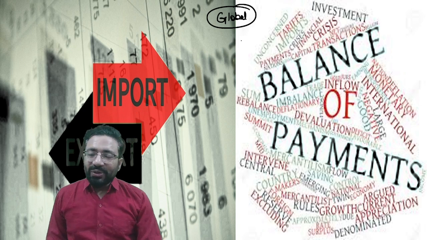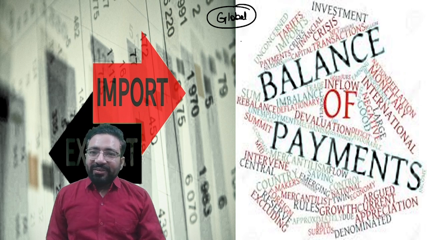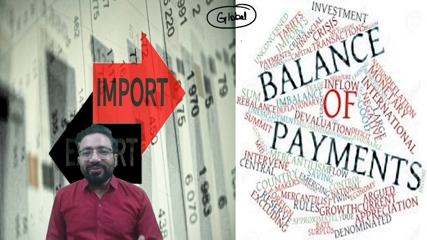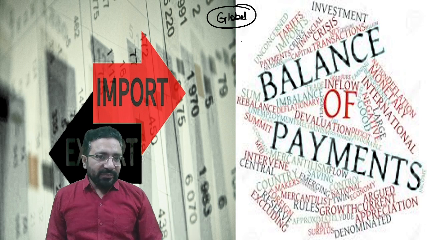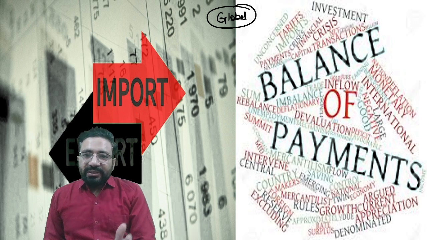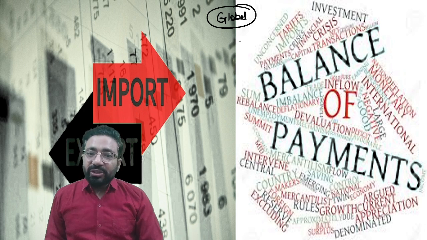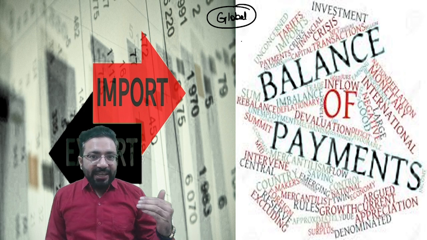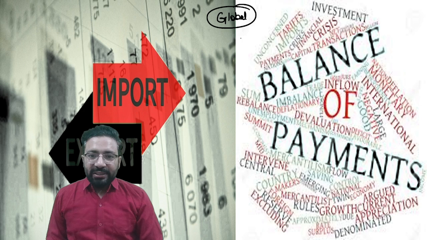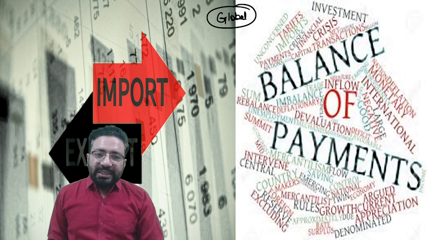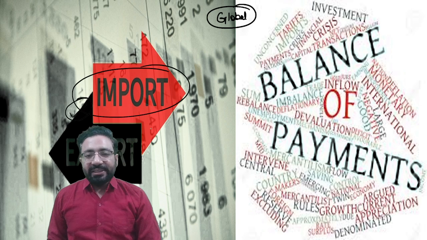Gulf countries enjoy competitive advantage in the production of crude oil, that's why they are exporting it to the rest of the world. Similarly, China has competitive advantage in producing electronic goods, that's why it is exporting them to the rest of the world. So what is export for one country may be import for another country that is purchasing it.